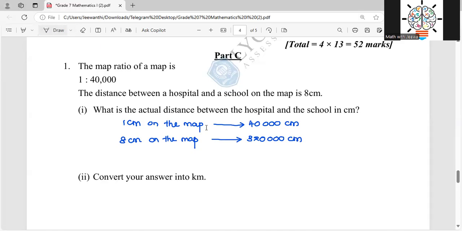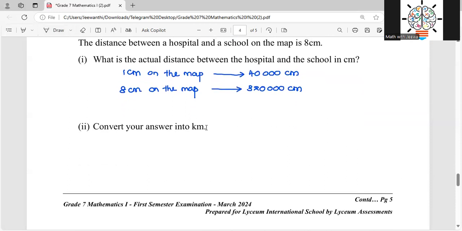So then we want to convert the 320,000 centimeters. First, I divide by 100, right? Why am I dividing by 100? To convert it into meters. Zeros, zeros.